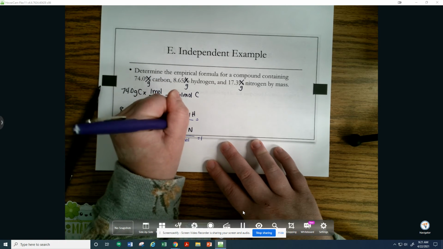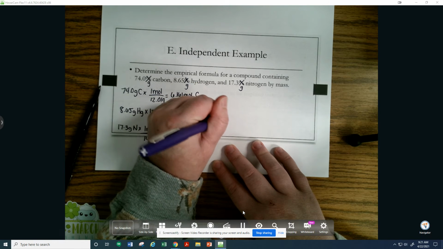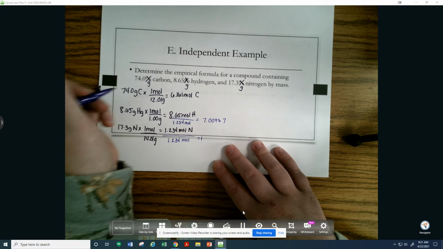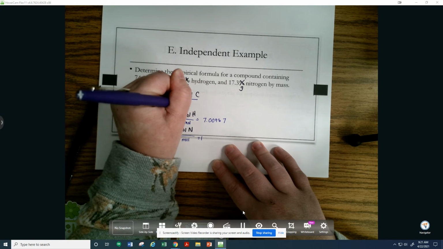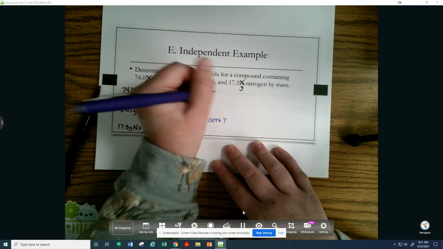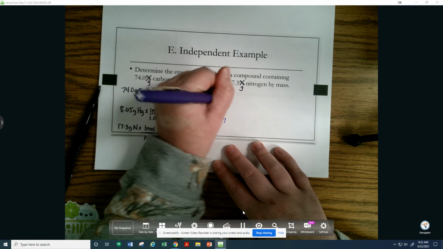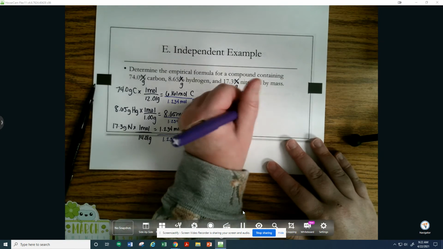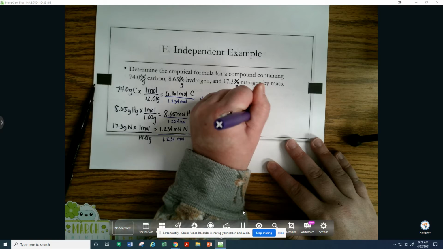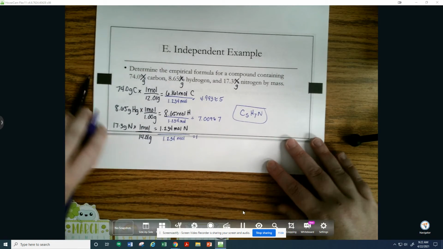So it looks like for the hydrogen, I got approximately 7.009, aka 7. And for carbon, it looks like I got 4.993. So basically 5. So for your empirical formula, it should be C5H7 with just 1 nitrogen. And that's your final answer.